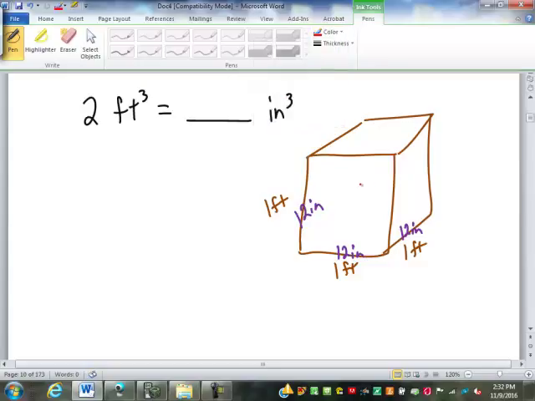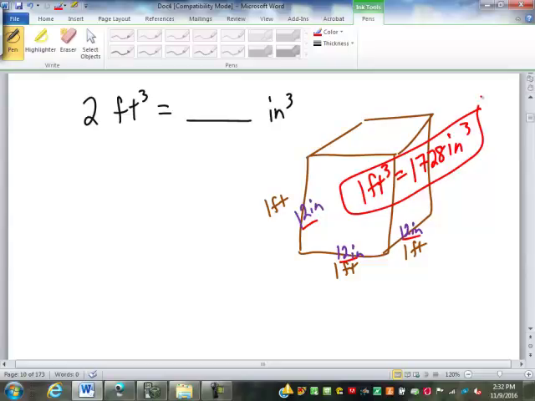If we multiply that out, 1 cubic foot is how many cubic inches? 12 times 12 times 12 is? 144. Careful. Yeah, you got to do one more 12. 1,728.